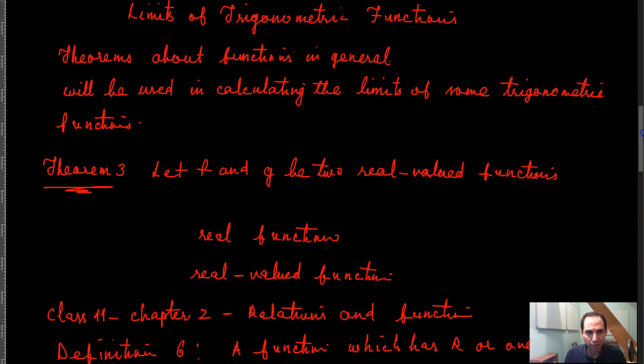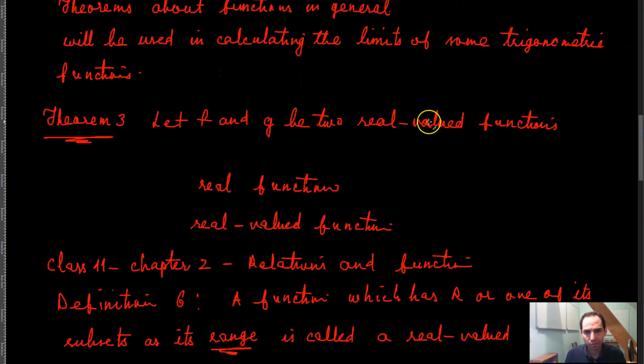So that means that here when we say let f and g be two real valued functions, the range of these functions is R, or a subset of the set of real numbers, right?